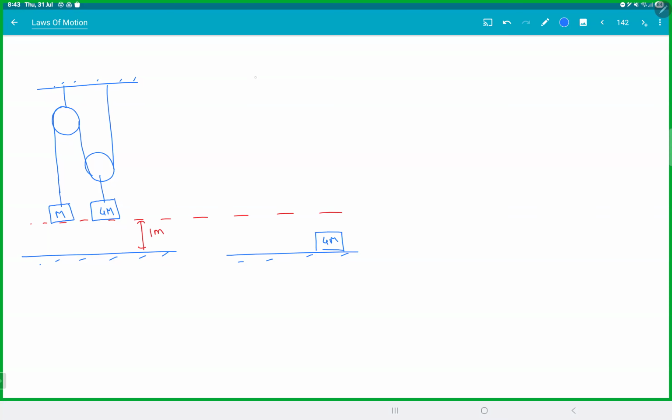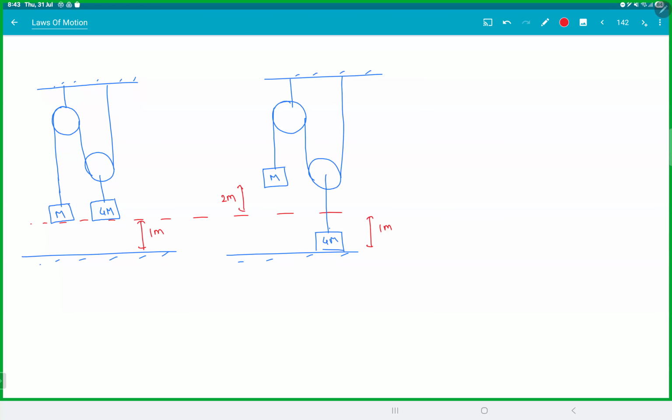That was fine. That means this block here, M. So when this has fallen 1 meter here, this 2M will go 2 meters. Is that clear? So the thing is this way.